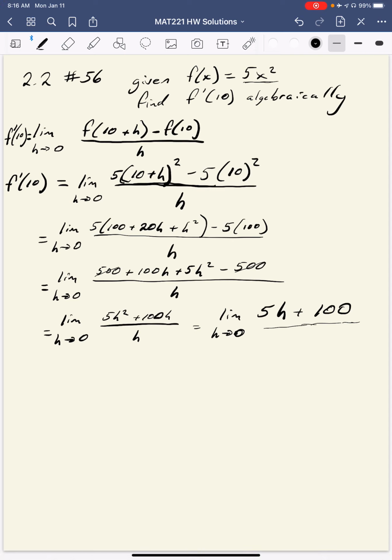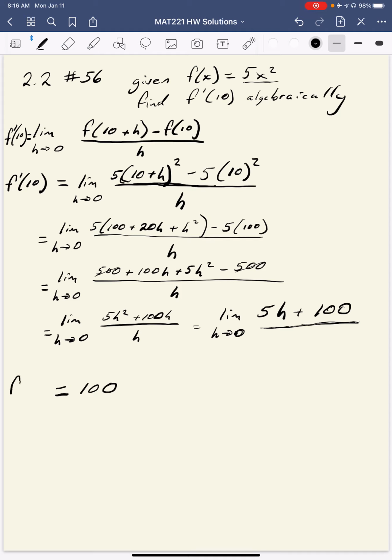So the limit of this first term here is 0. And then, of course, as h gets closer and closer to 0, that has no effect at all on this constant value here. So the limit as h approaches 0 of this expression is simply equal to 100.